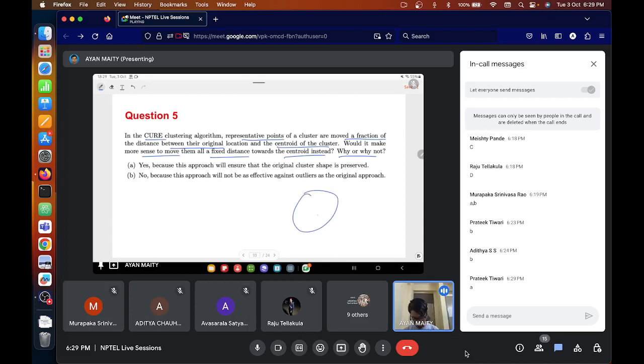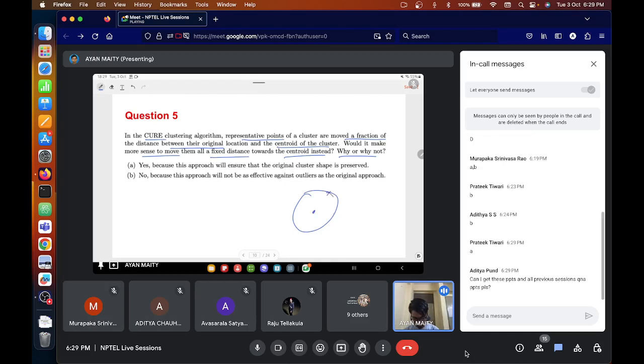So if this is the cluster and this is the centroid, we first find these border points and then we shrink these border points towards the center, and these points become our representative points for the next iteration of the clustering.